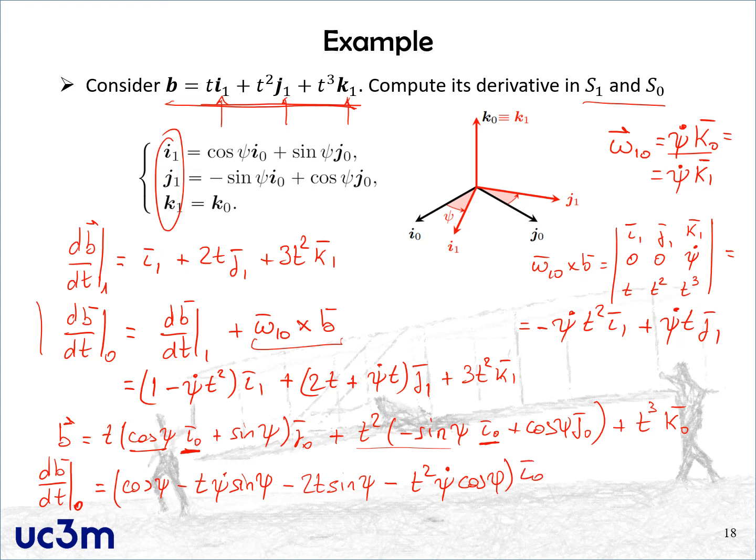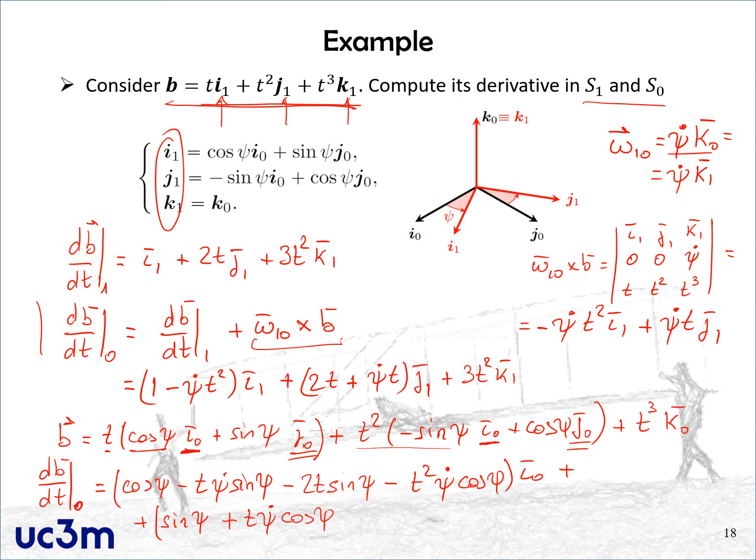Okay. Let us continue with the same thing along J0. So here we have terms along J0. Sorry, because I realized that this parenthesis shouldn't be here. The parenthesis should be here. Okay. So when we take derivatives, now for these terms, we have sine psi, when I take the derivative of this time, plus t psi dot cosine psi.